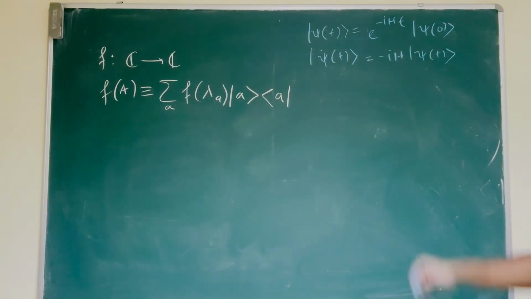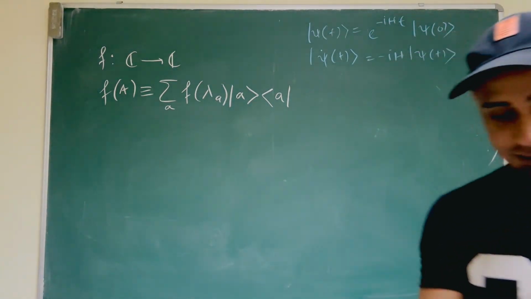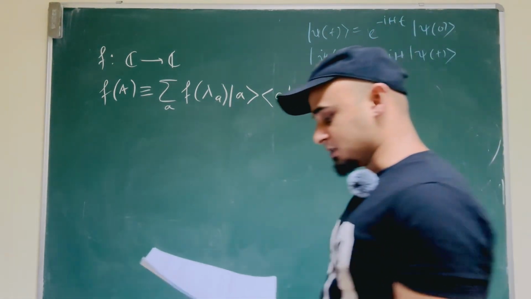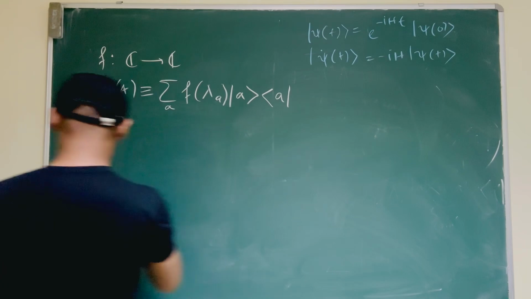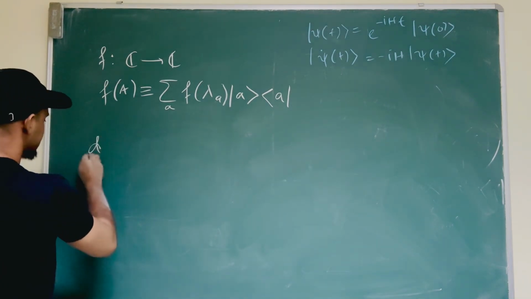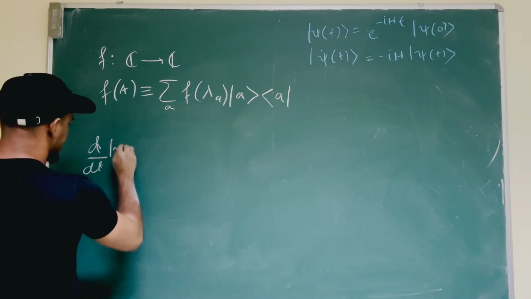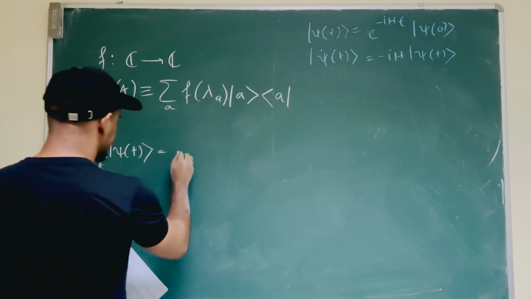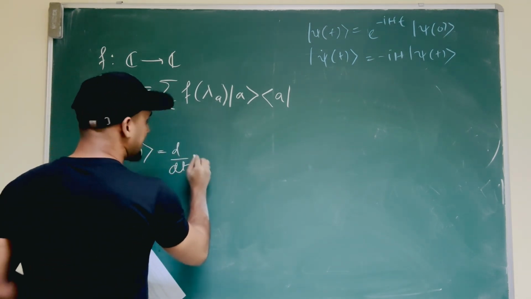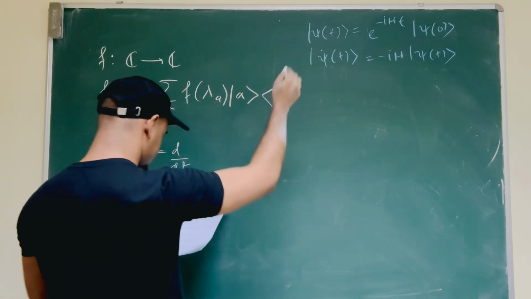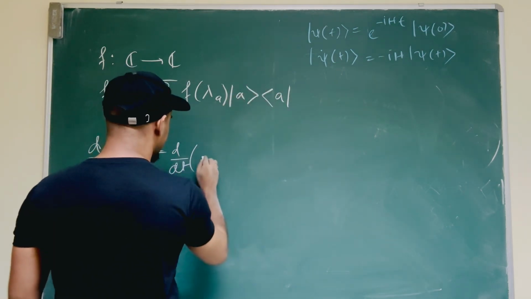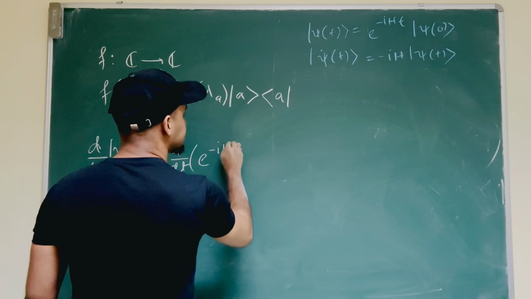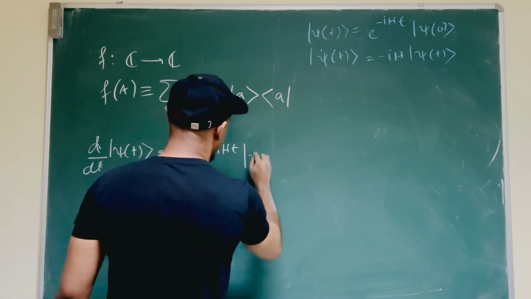One way to talk about the equivalence of these two theorems is that we can just take the derivative of this thing. So just d/dt of psi t is the same as d/dt of the first equation, e to the power minus iHt psi 0.